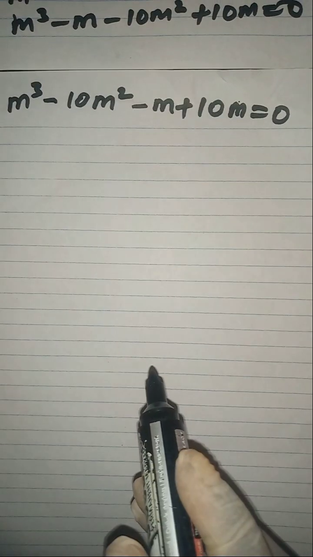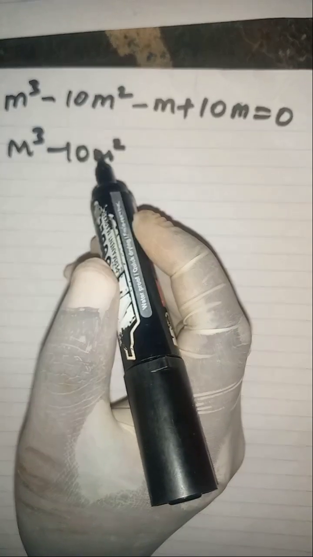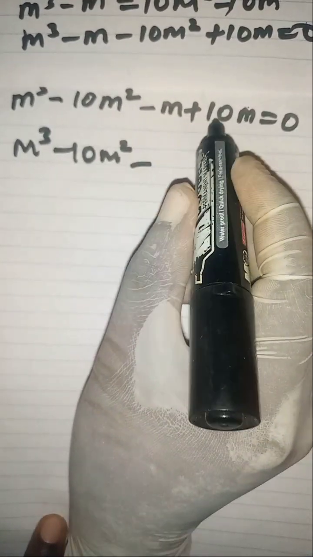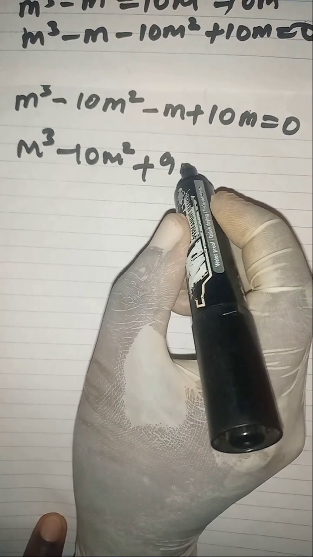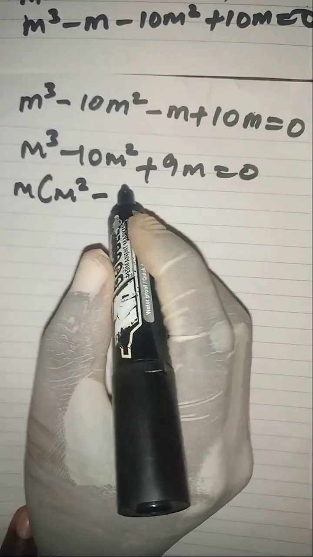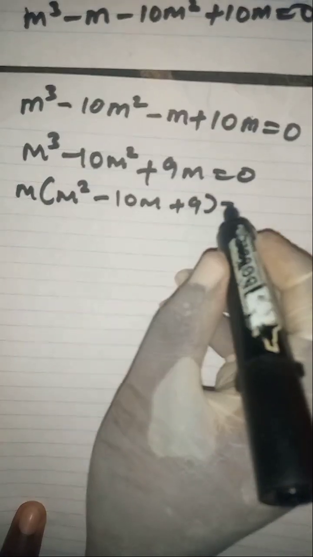So collecting like terms, I'm going to have m cubic minus 10m squared, minus m plus 10m, giving you 9m is equal to 0. I'm going to factor out m so that I get m squared minus 10m plus 9 is equal to 0.